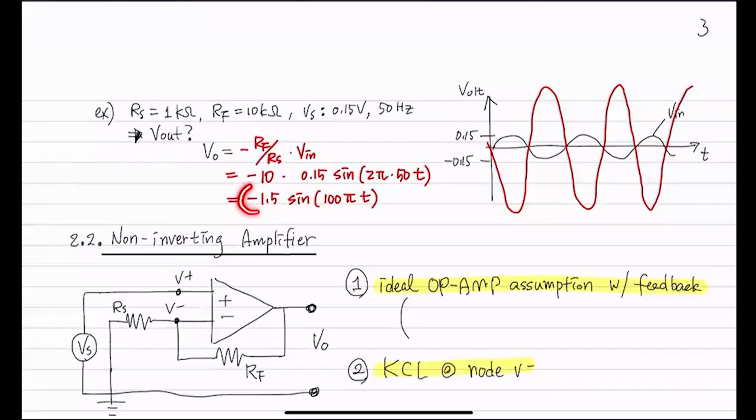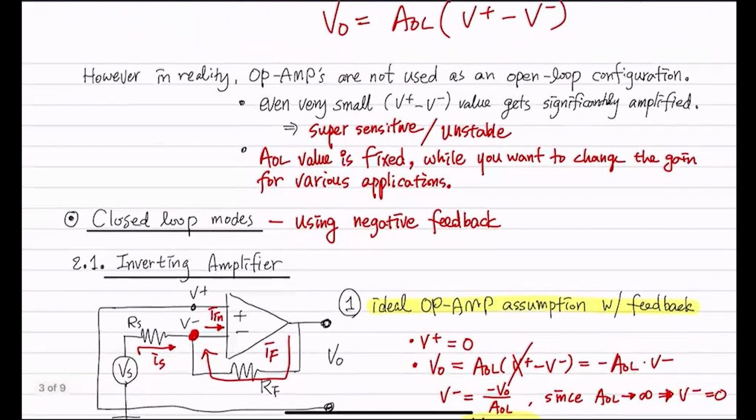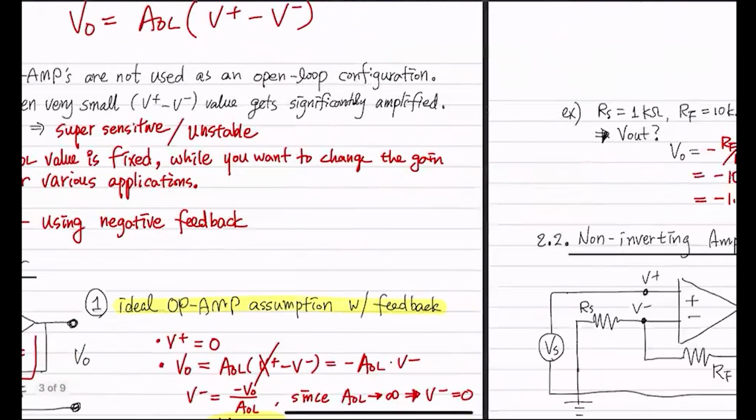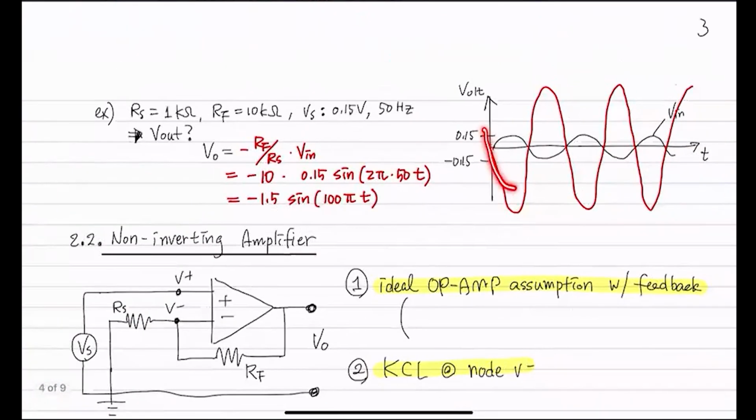And it's flipped over. You have a sine going in, and you have it just flipped over because we have a negative sign there. Okay? So that's the reason why we call it an inverting amplifier, because our signal was just inverted, flipped over. Got that?